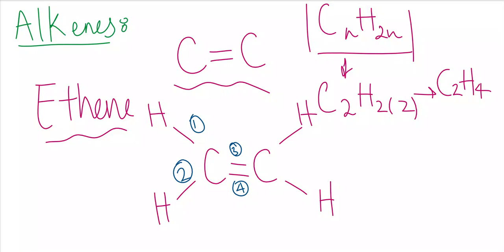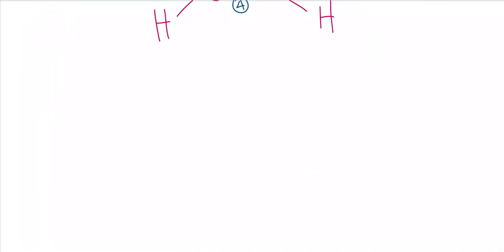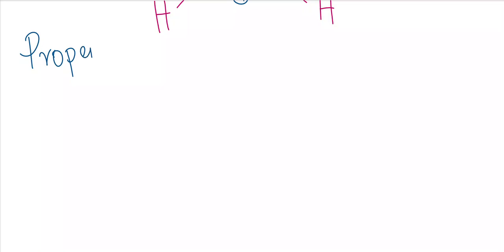And next, if we talk about the next member, that is propene. Propene is the next member. So it contains 3 carbon atoms, C3 and H2, and you have to multiply it by 3.